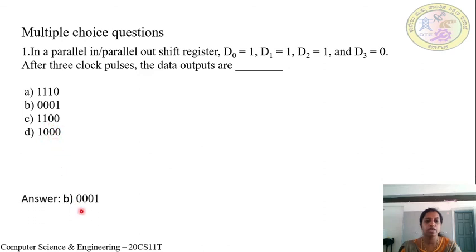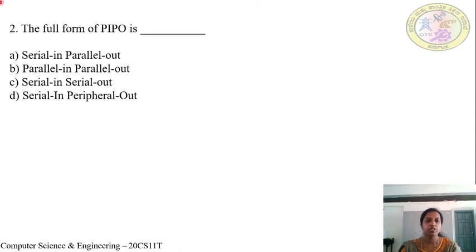Answer is B, 0 0 0 1. Next question. The full form of PIPO is: A, serial in, parallel out; B, parallel in, parallel out; C, serial in, serial out; D, serial in, peripheral out. Answer is parallel in, parallel out.